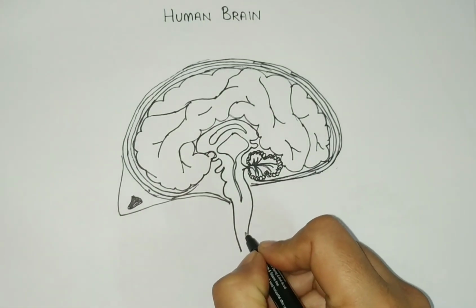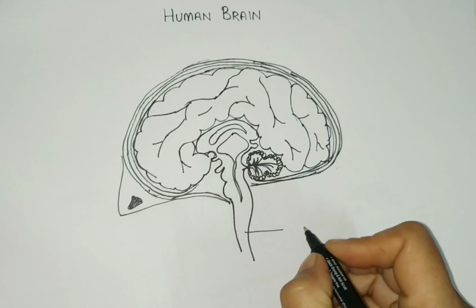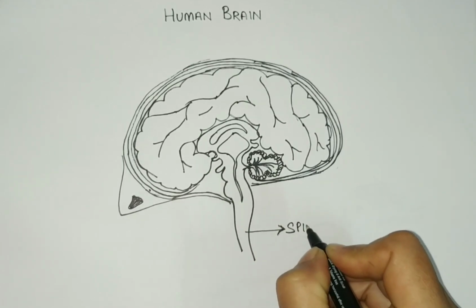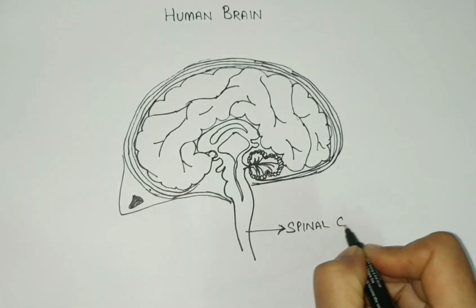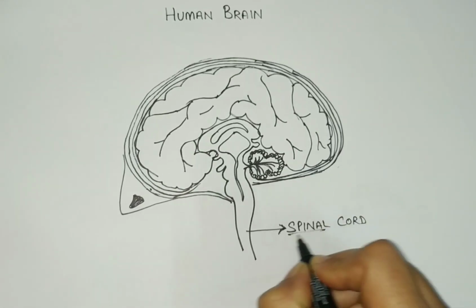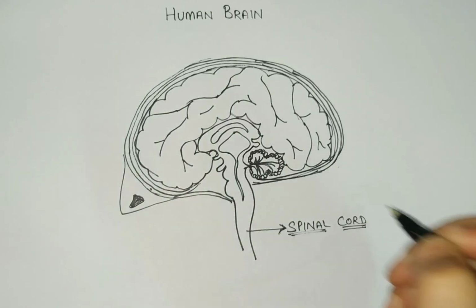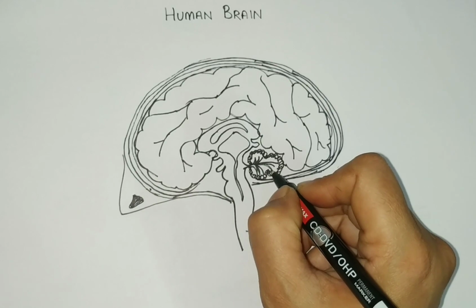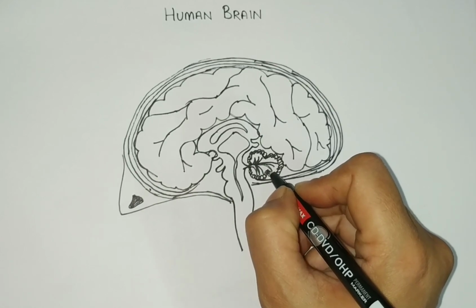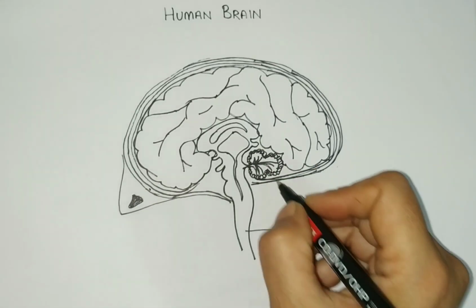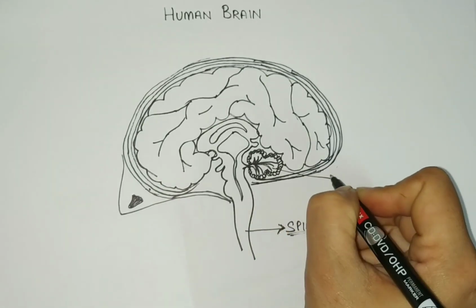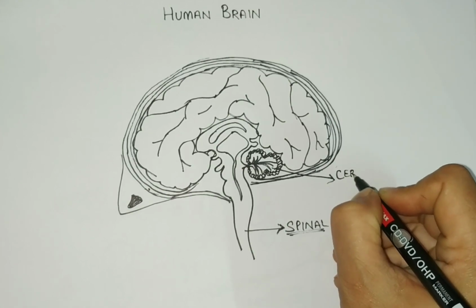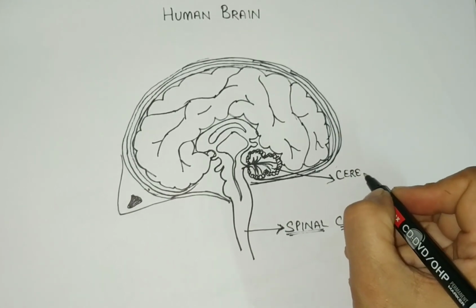So we will be starting with the last point, which is the spinal cord. Now comes to this area. First we are going to label this leafy structure, then this outgrowth and the upper outgrowth. Clear? So first of all, this leafy structure is known as cerebellum.